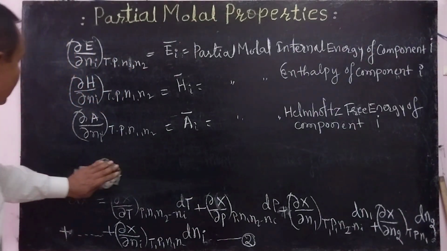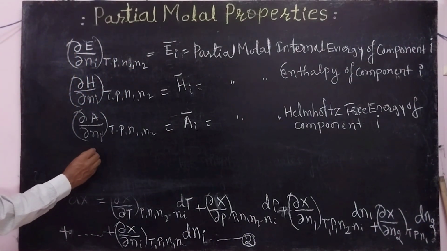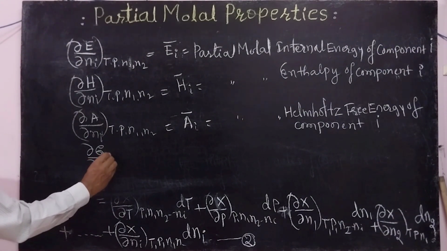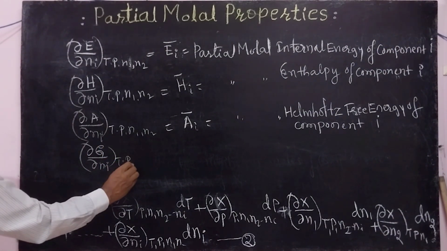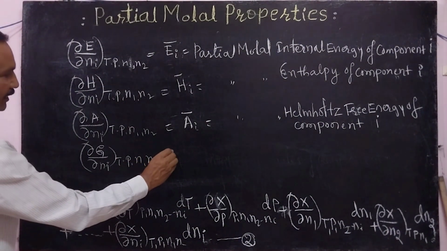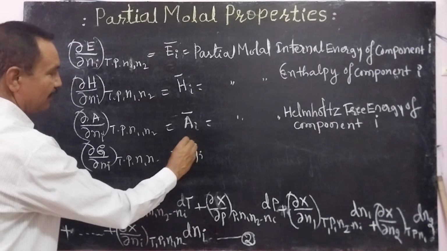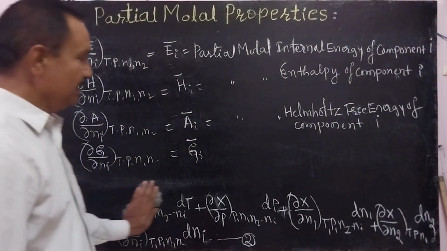Then for Gibbs free energy, dou G divided by dou Ni at constant temperature, pressure, N1, N2, etc. This is Gi bar.